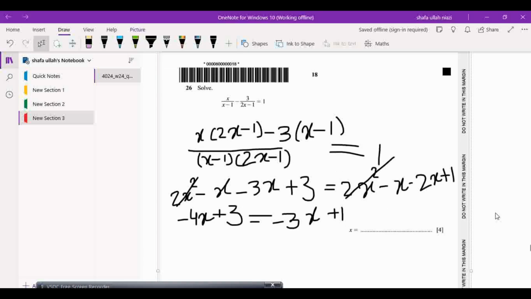Now shift this 4x to the right hand side. So we get 3 minus 3x plus 4x, and this 1 to the left hand side, so we'll get 3 minus 1. 4x is shifted to the right hand side, so we got minus 3x plus 4x, and this 1 is shifted to here, so it will become 3 minus 1.